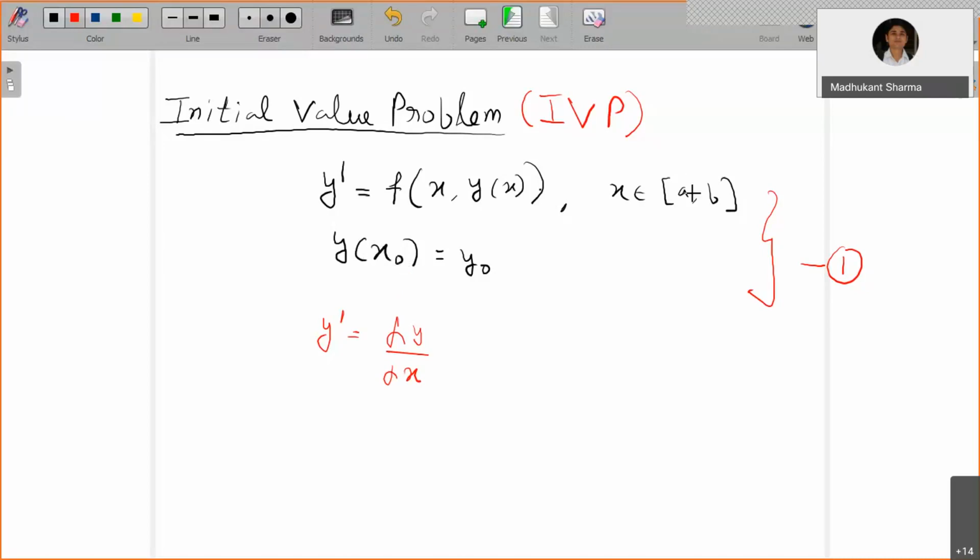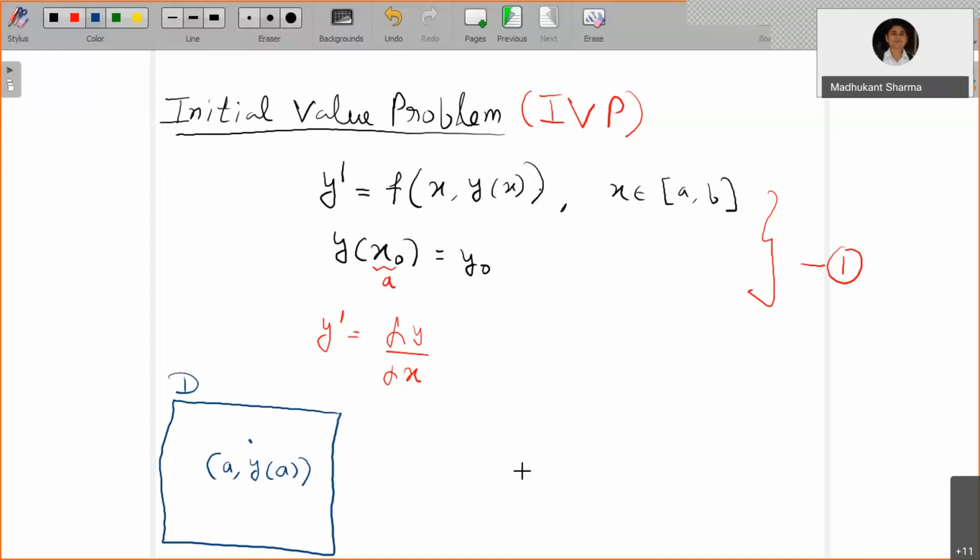The initial point is x naught equals a, so x naught can be replaced by a. We are going to look for the solution in some rectangle, which we denote by D, where the point a comma y at a, or x naught comma y naught, is an interior point of D. We are going to specify some conditions on the function f so that this problem will have a unique solution.